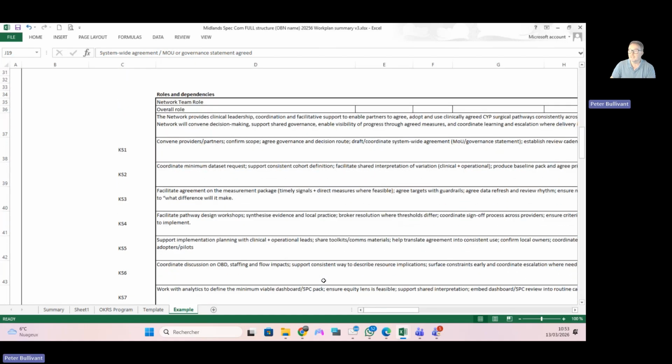The next bit is the roles and dependencies. This is an important part because as networks, you are in control of some of the things you can do. You can control the delivery of the key stages and the outputs above. But to actually make the changes happen, you will need others to agree and deliver.